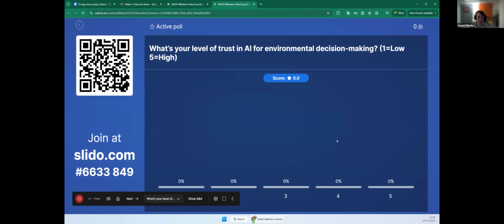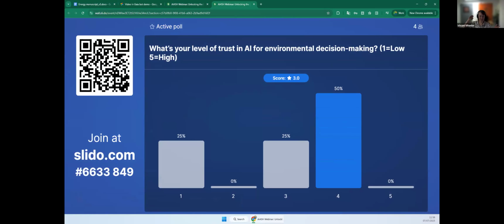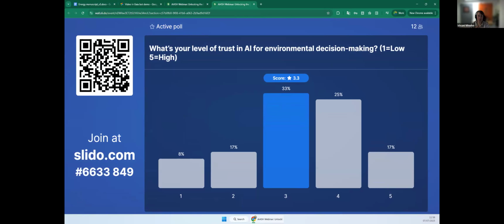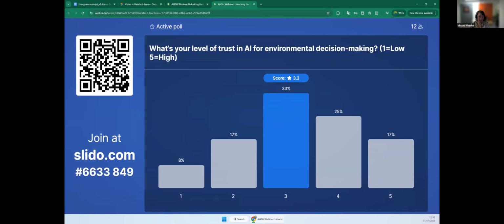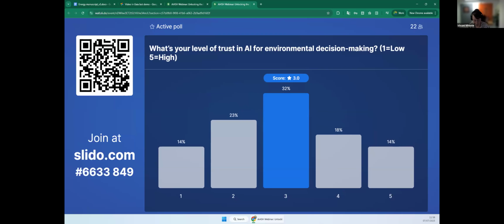Yep. All right. Everyone, please, this works a lot better if you participate. It's active. Otherwise, I'm just slamming you with information. So the reason I'm asking you about your level of trust in AI for environmental decision making is that often when we discuss these topics, this is one of the touchy points where a landholder will fear loss of control, loss of autonomy, loss of self-determination.